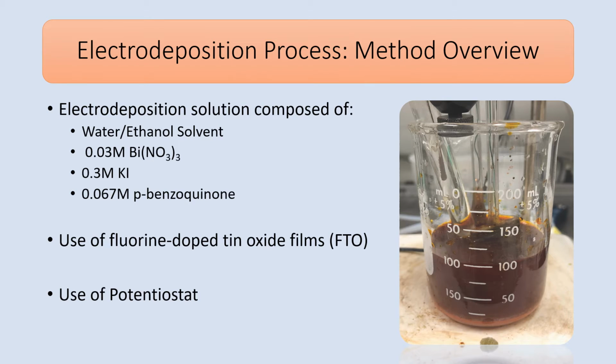It would form a tetraiodide compound with the bismuth, increasing the solubility of bismuth in the solution, whereas otherwise it would not be very soluble. We then used this solution to electrodeposit bismuth oxyiodide onto FTO films by applying a potential from a potentiostat.